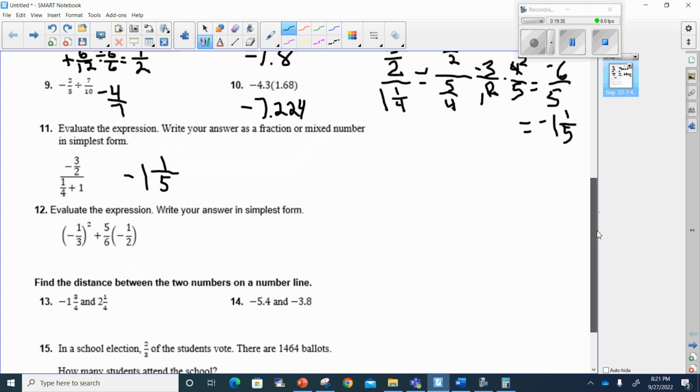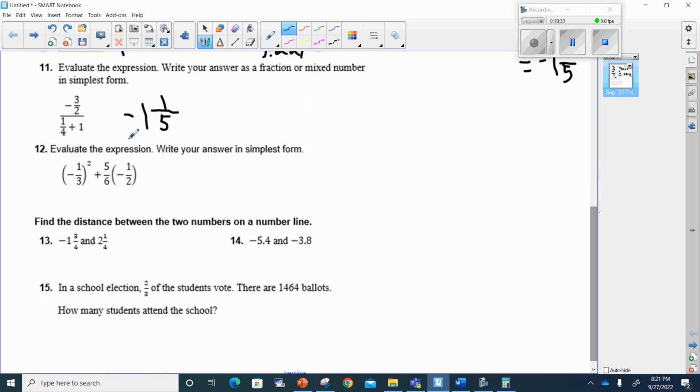Let's go to number 12. It says evaluate the expression, write your answer in simplest form. Okay, I'm going to have to figure out what part of PEMDAS I want to do first. I can't do parentheses because there's nothing to do in them. I can do exponents here, so I'm going to rewrite this.